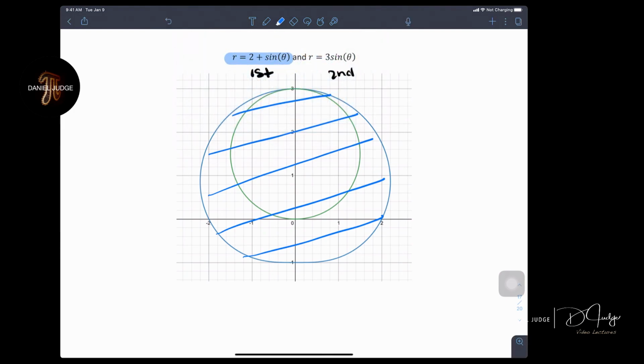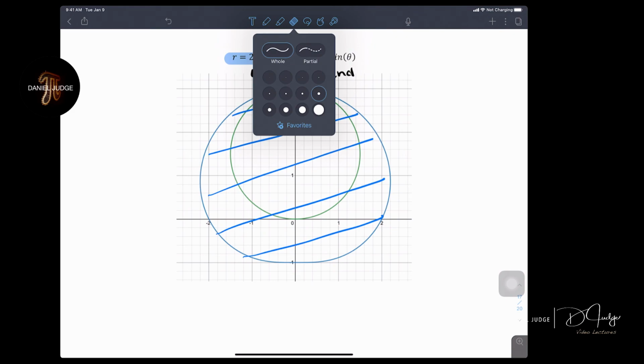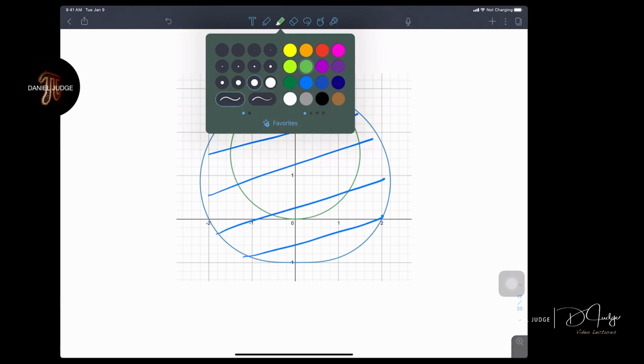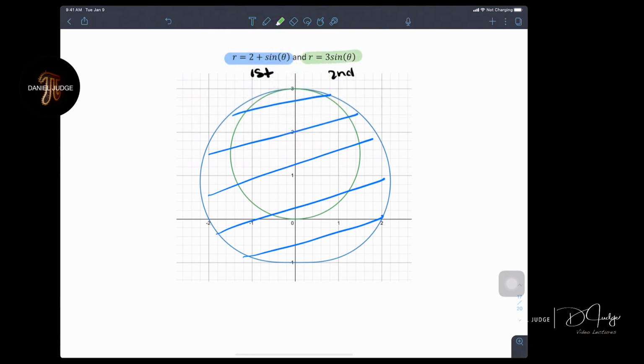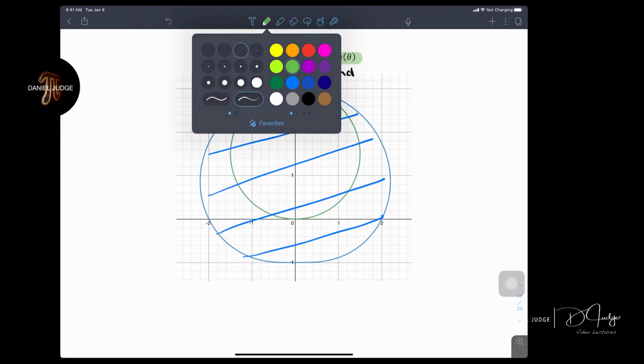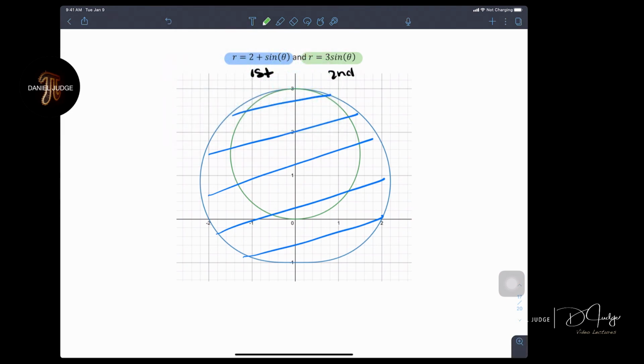That's the curve you're looking at in this blue, if you can see the blue outline. The green curve here is r equals 3 sine theta. So it has to be outside that curve. And that's a circle. It's not centered at the origin, but it's a circle. So we want outside this circle.